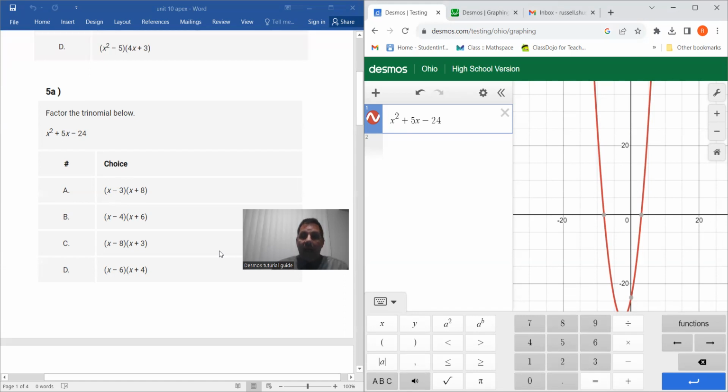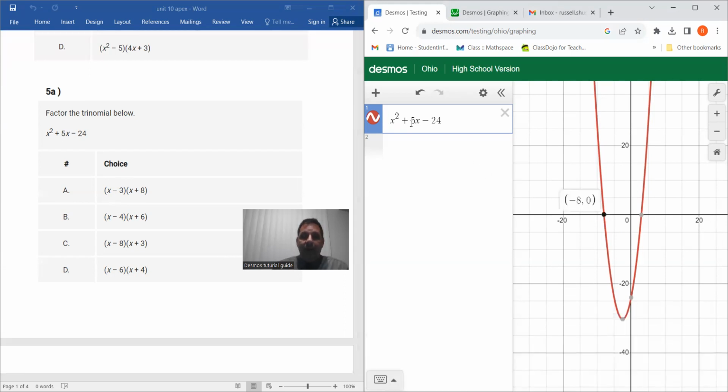So when I put the original trinomial into Desmos, I see that it crosses the x-axis at -8 and +3. The y's are 0, meaning if you plug -8 in for x, the answer would be 0, or if you plug 3 in for x, the answer would be 0.